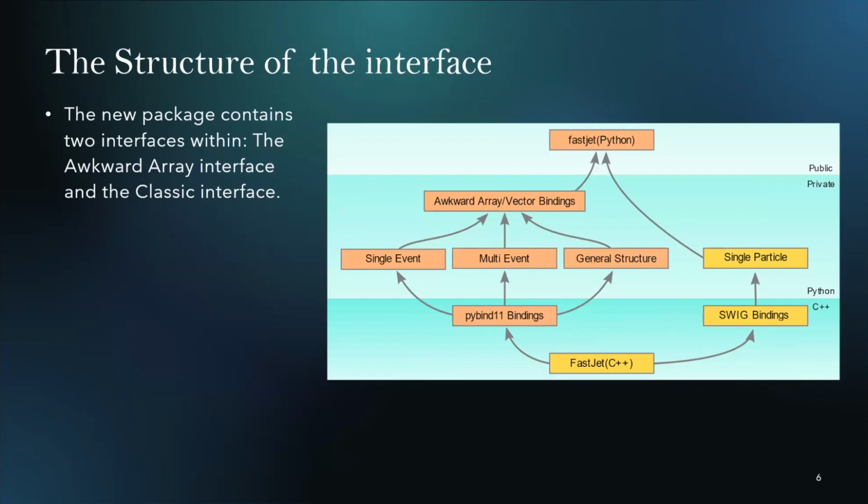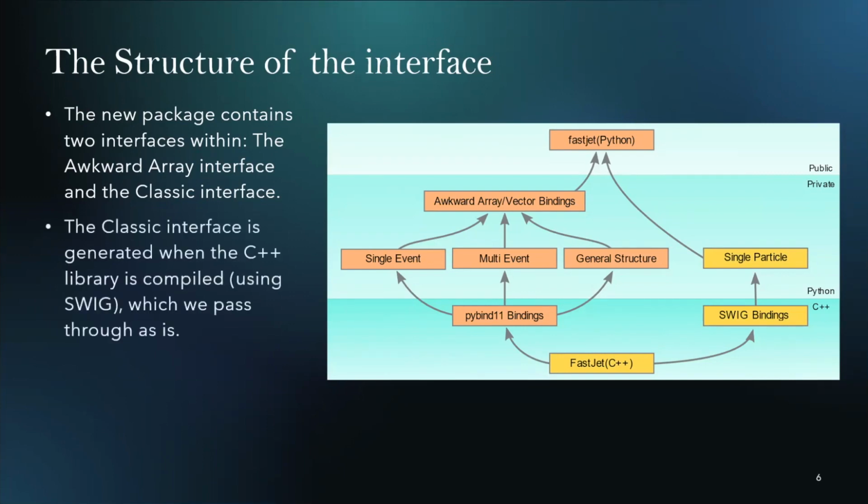So what's the structure of this new interface? Well, this new interface really is two interfaces. One is the awkward array interface and the other is the classic interface, and they have been packaged into one Python library. The classic interface is generated when the C++ library is compiled using SWIG, and we take that interface and pass it through as is.